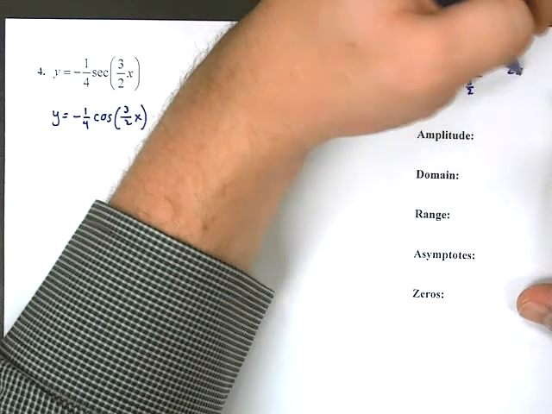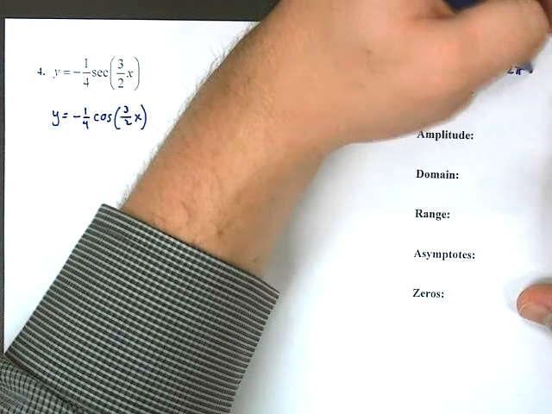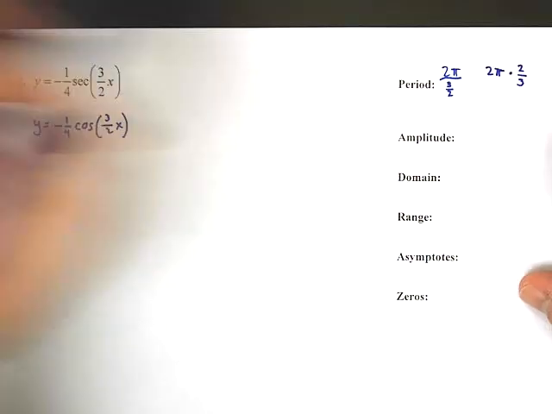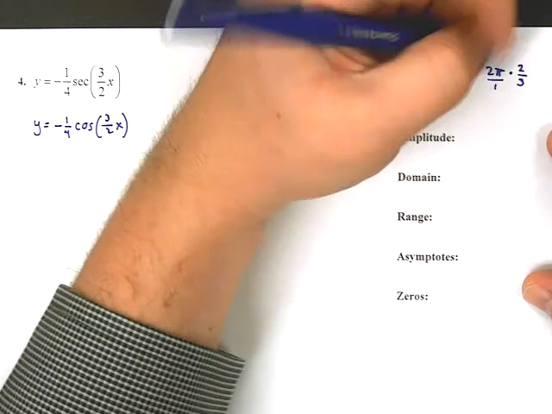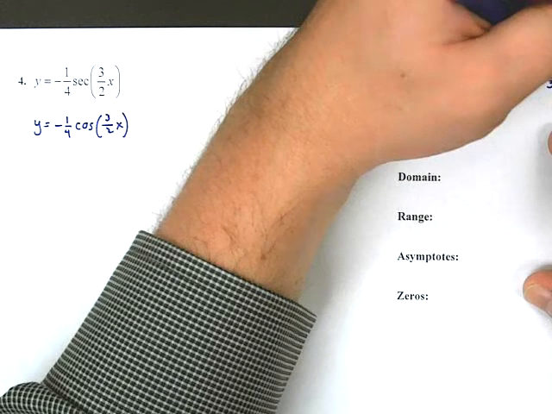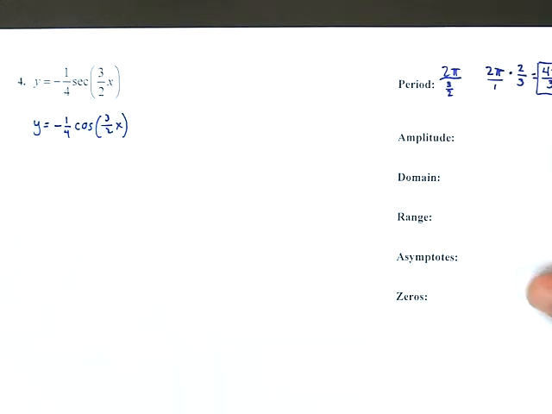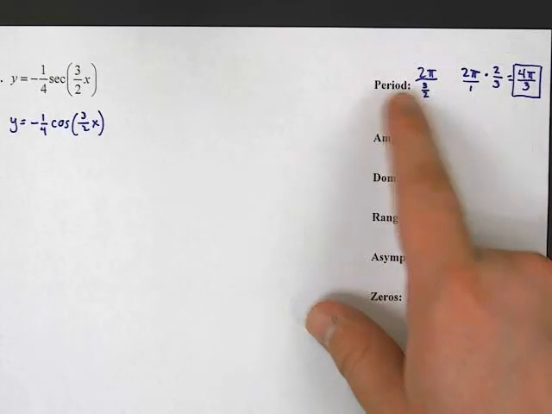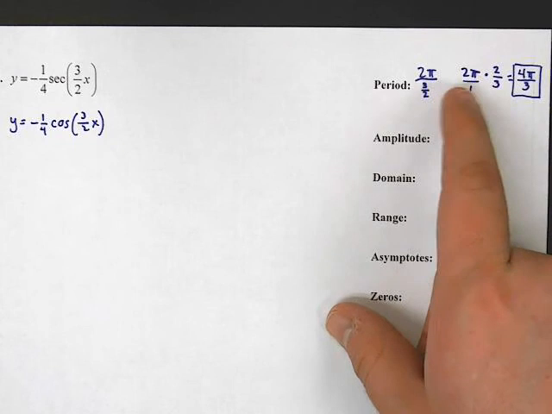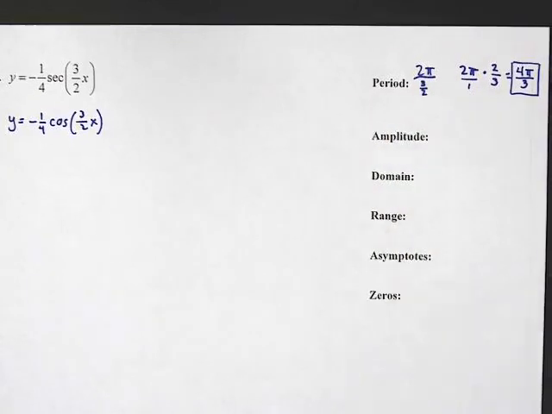So 2 pi times 2/3. Well, we can do that. Put that over 1. All right, we got 4 pi over 3 is our period. Are we good with that? I kept, I changed, I flipped. Keep, change, flip. I multiplied by the reciprocal instead of trying to divide by a fraction.